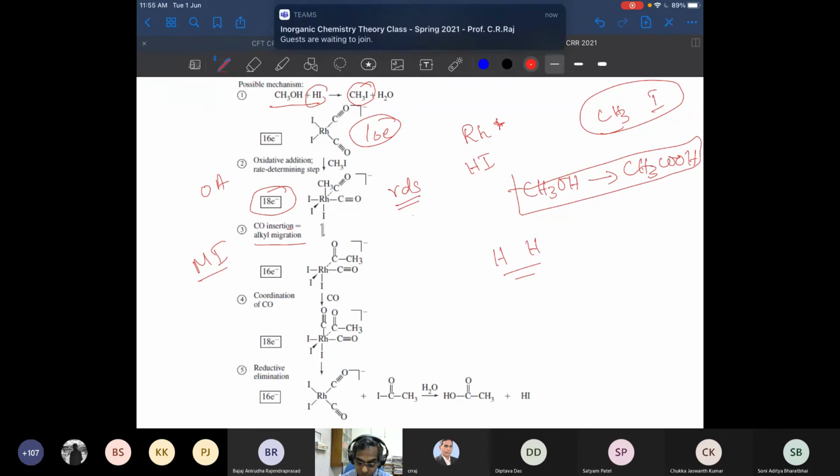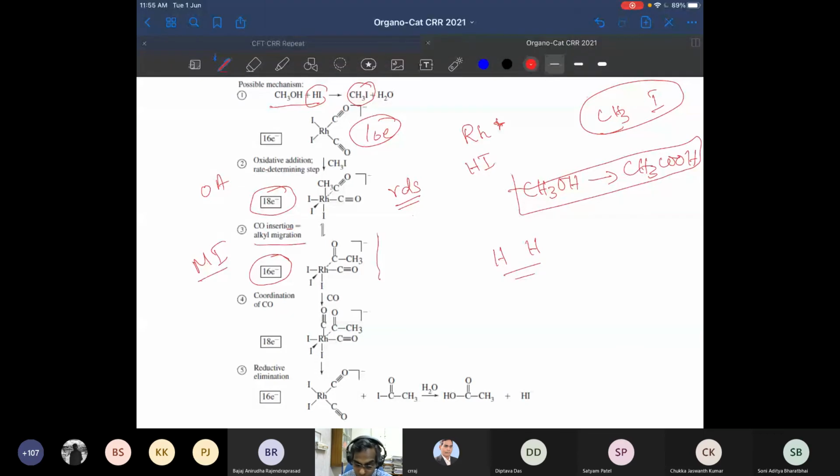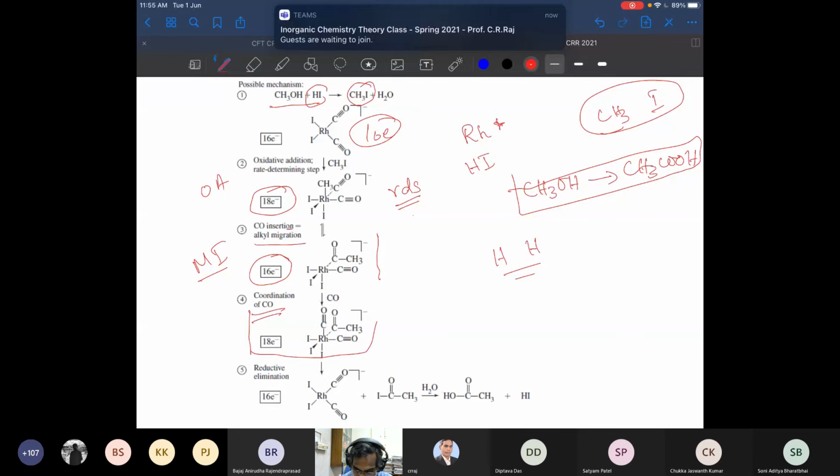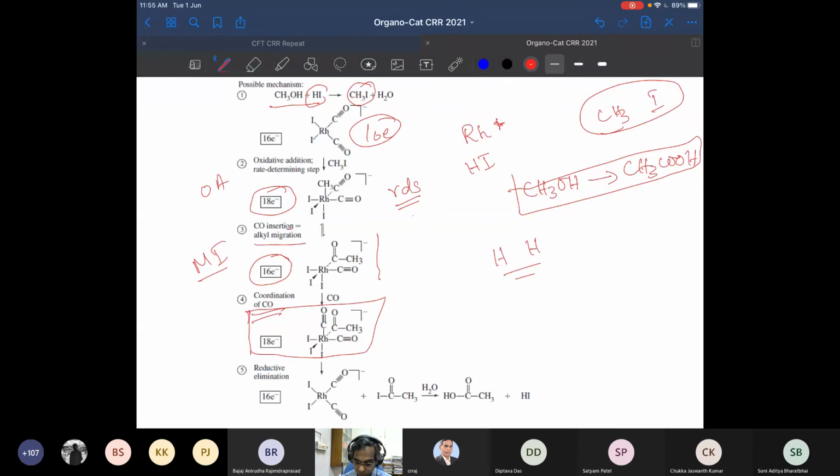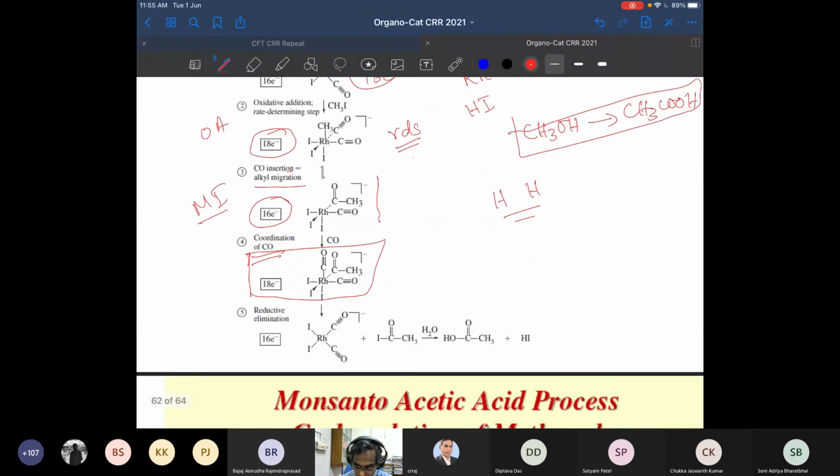No problem, right? What we have here is a 16 electron complex of this kind. Then the coordination of a carbonyl comes into the picture. Then I have a carbonyl 18 electron species of this kind. And then for the last step, I have a reductive elimination.